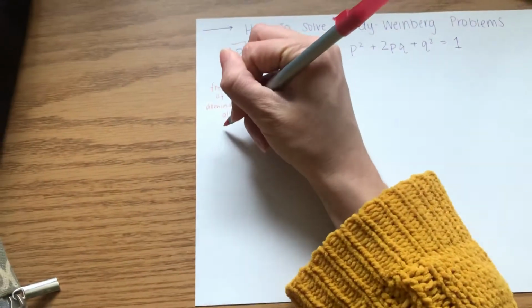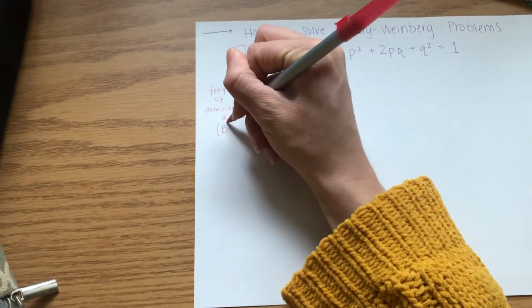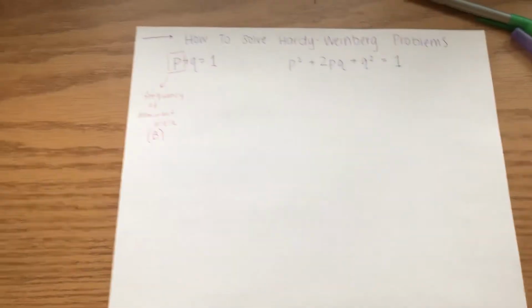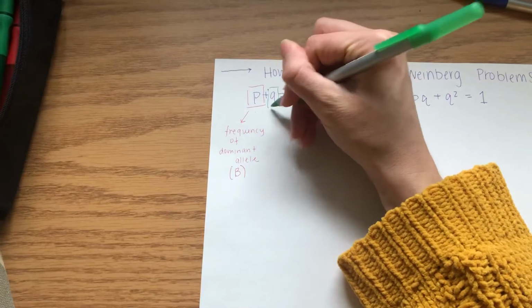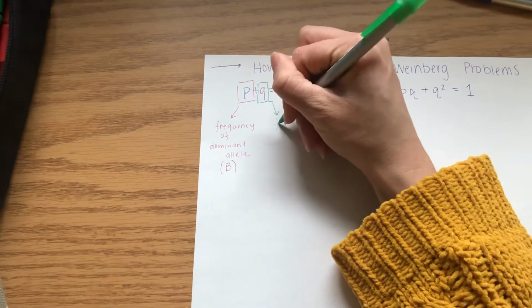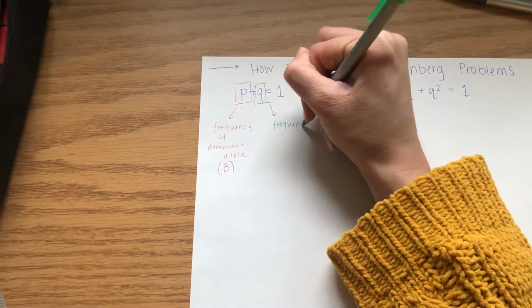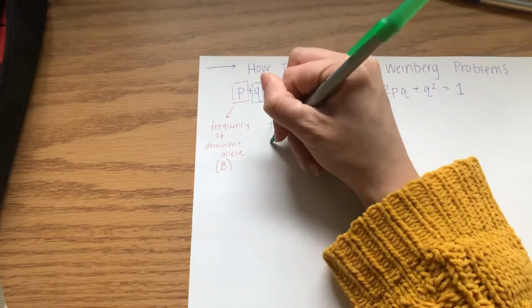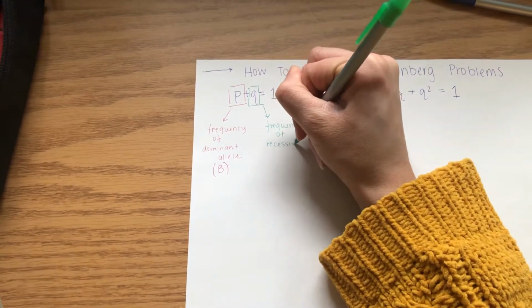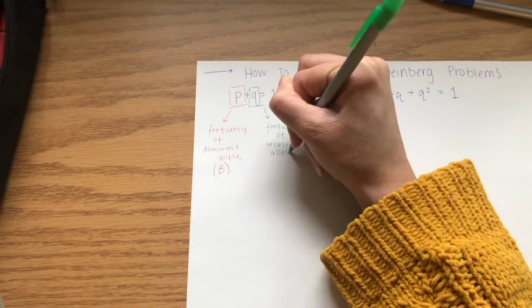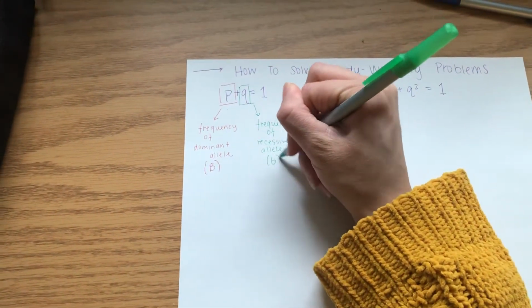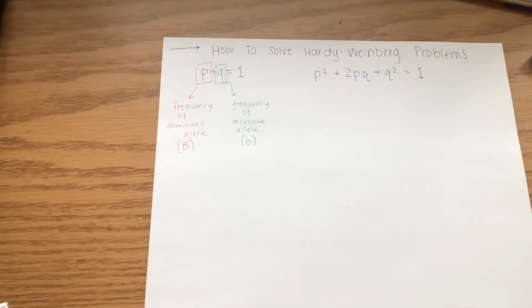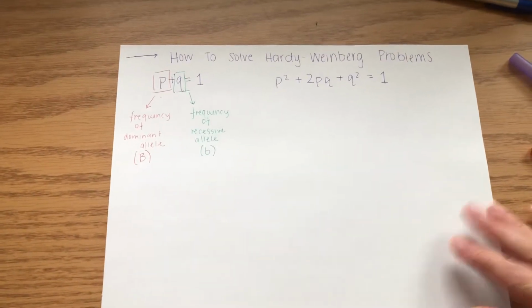So let's just say the dominant allele here is an uppercase B. So next we're going to be looking at Q. So Q by itself will then be the frequency of the recessive allele. So if the dominant is uppercase B, we know that this is going to be the lowercase b. So that is the frequency of each allele in the population.